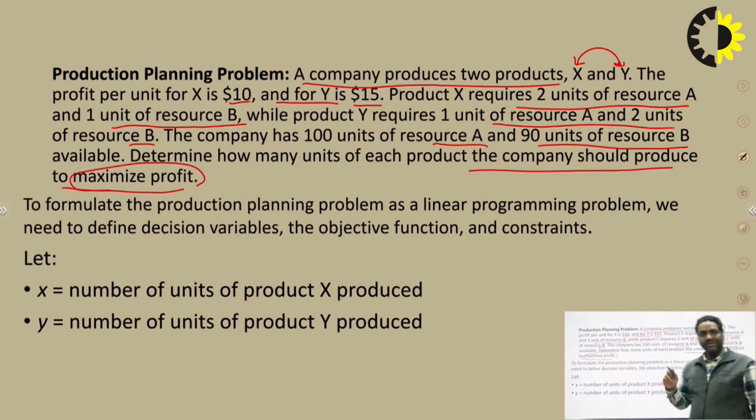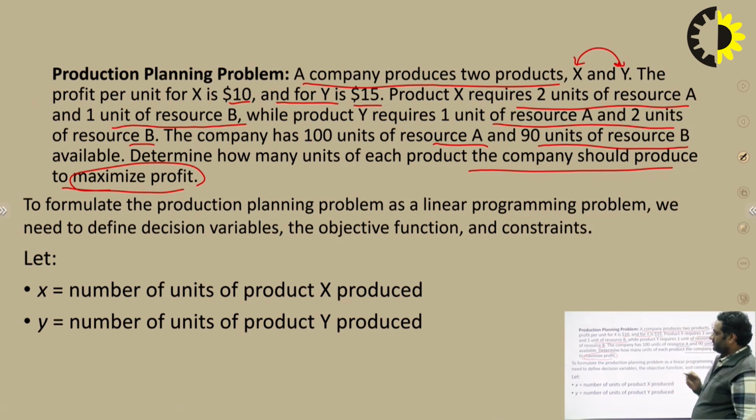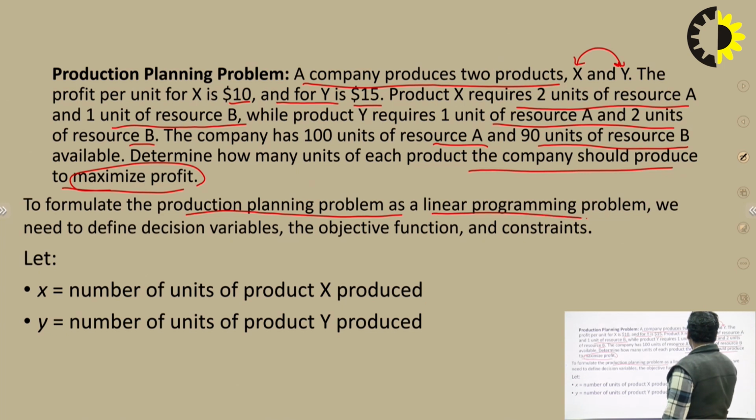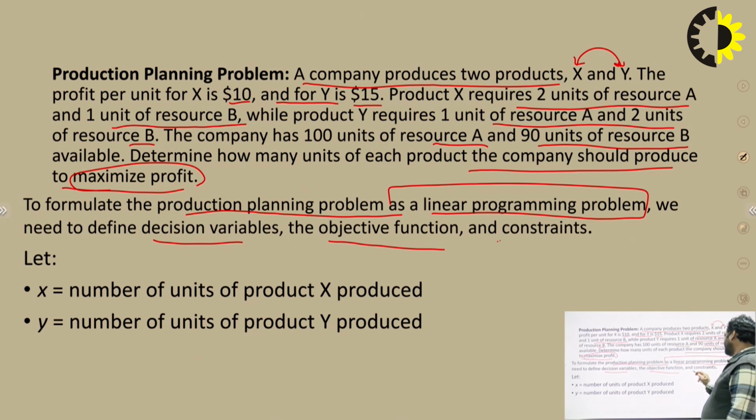So you can see here a number of constraints are given. So we need linear programming to solve it, or we can say we are using convex optimization. To formulate the production planning problem as a linear programming problem, we need to define certain things. First, what is the decision variable? After that, the objective function. And in the last, we need to find all constraints of the given problem.